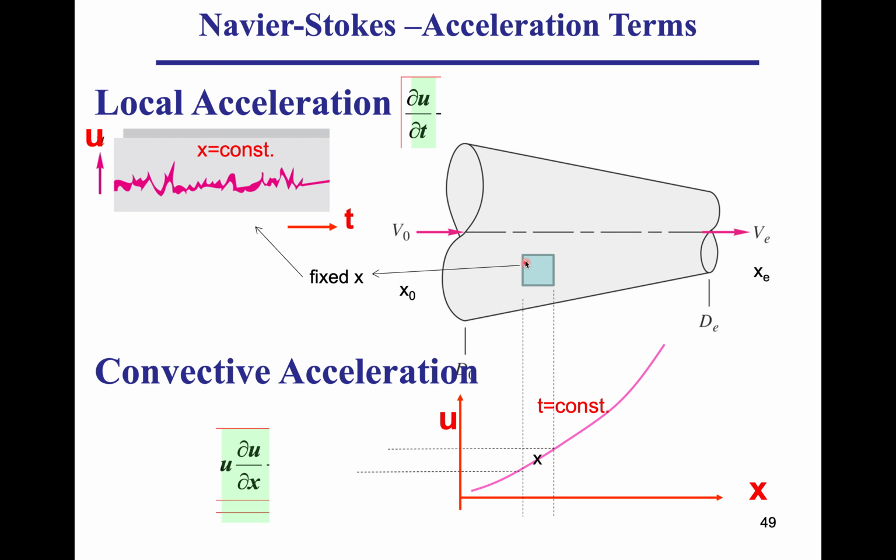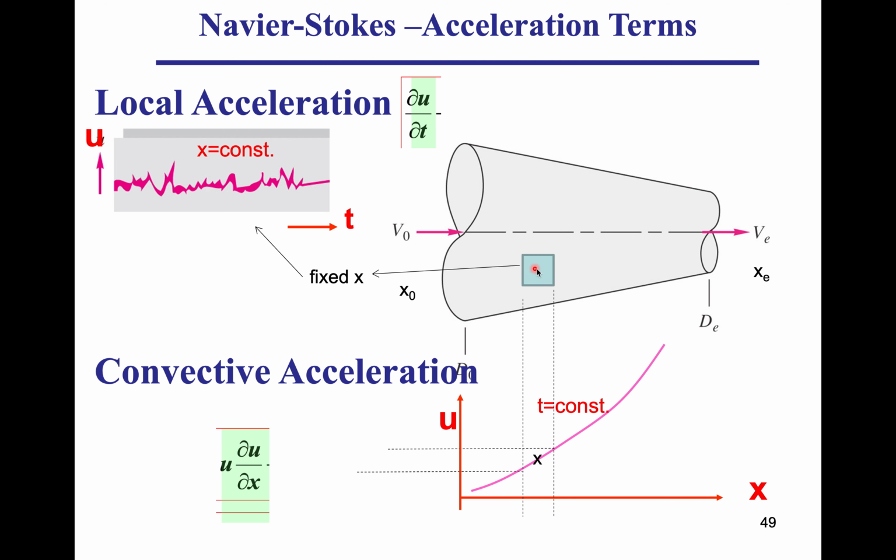Now let us take a small control volume dx, dy. So this is my x coordinate along this contraction. And what we mean by the local and convective acceleration: this window is fixed in space and the flow comes inside it and leaves at a slightly different speed.